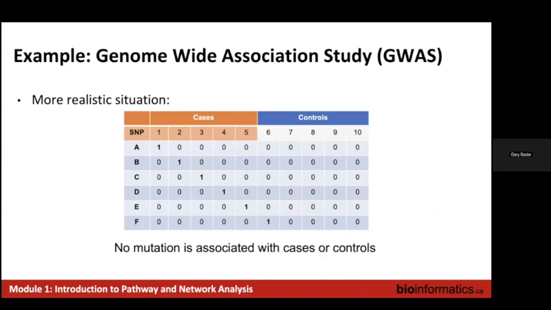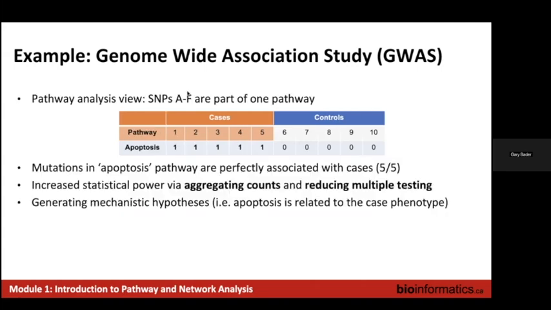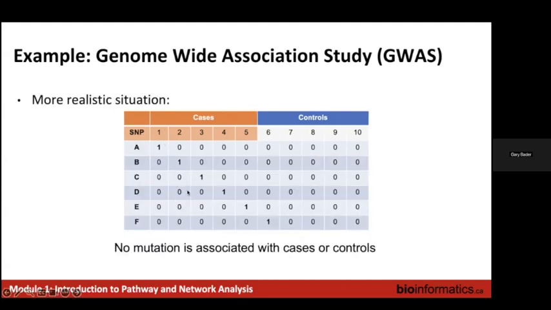Mutations might fall in the same pathway. Yeah, so that's a good idea. That's the answer. If we link the SNPs to genes and we organize those genes by pathways, we can collapse all of that information. So we collapse all of these ones here. Let's say we find that they're all part of the same pathway.